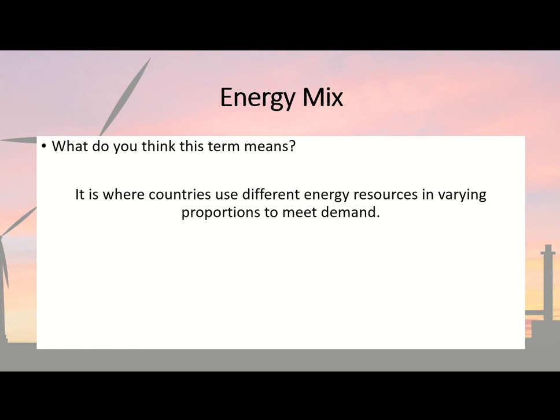So the energy mix is just the different proportions. Some countries, for example Iceland, which we're going to focus on a bit later, have a lot of their energy from geothermal resources, and that means heat from the earth, because effectively they're a tectonic region of the world, whereas the UK has very little, in fact none, from geothermal sources because we're not.